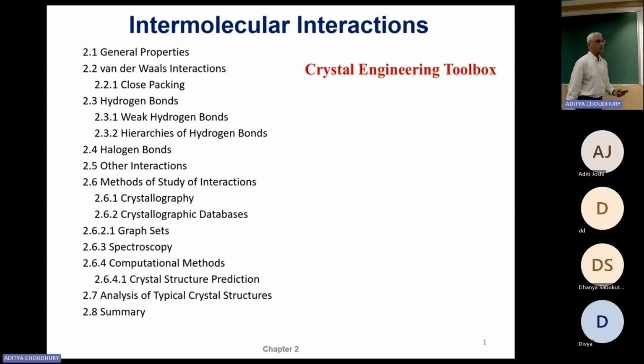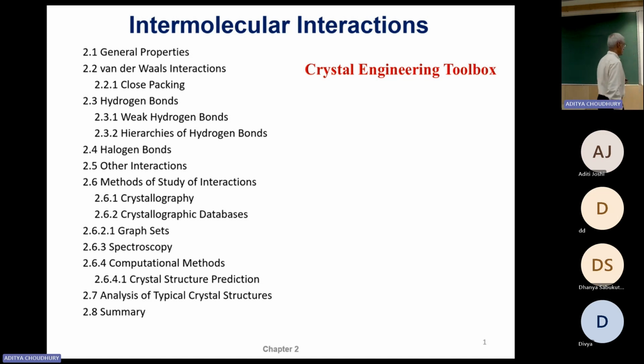Okay. So now we are going to talk about intermolecular interaction. This is from the crystal engineering toolbox. We are going to talk about different types of non-covalent interactions, weak interactions, right from van der Waals to strong hydrogen bonds, and then a lot of other weak interactions, halogen bonds, metal-pi interactions.